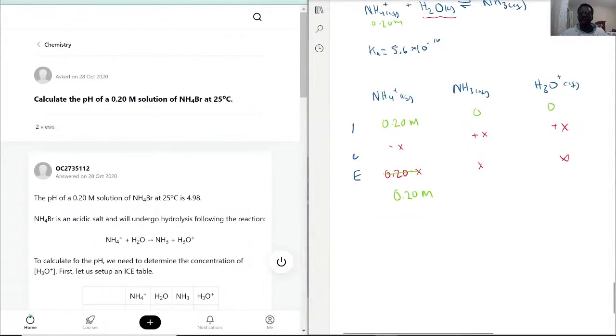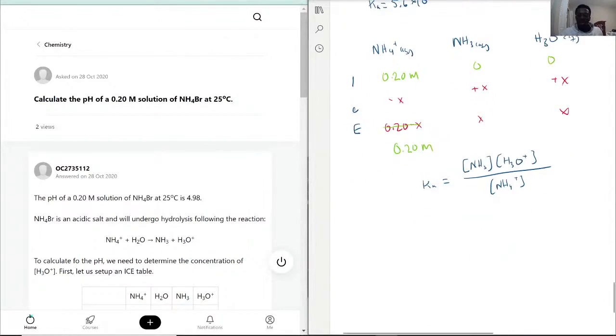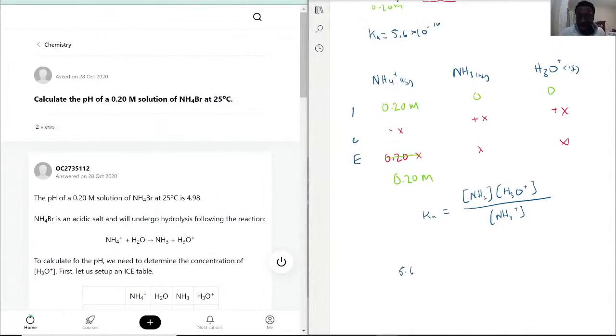So in reality, our Ka equation, where Ka equals products over reactants, which is NH3 times H3O plus over reactants NH4 plus. When we plug in numbers, you're going to see that the Ka, which was 5.6 times 10 to the negative 10, is equal to x squared, because that's the two x's of the products, divided by NH4, just 0.20 moles.